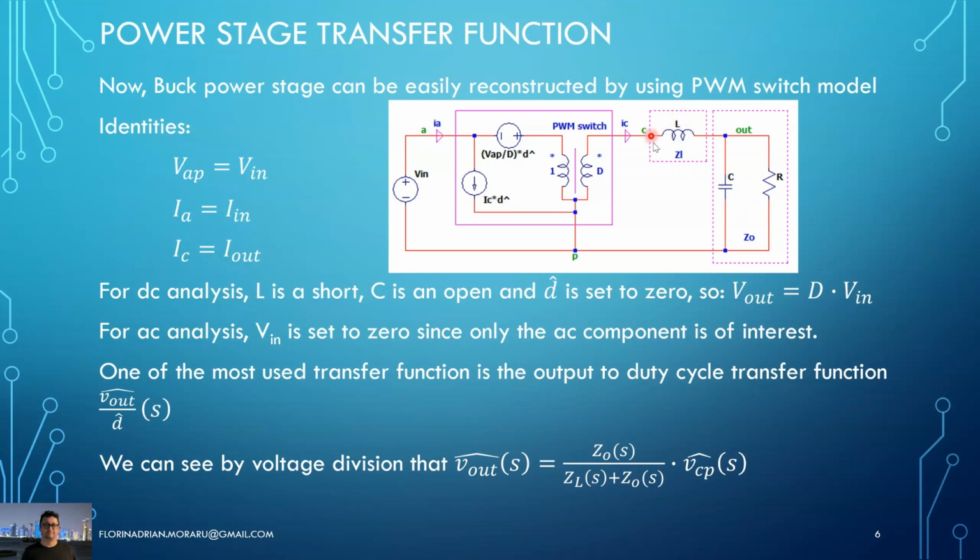One impedance is given by the inductance itself, and the other is the parallel network of the output capacitor and output load resistor. Therefore, it's like a voltage divider with two impedances. So the output voltage would be simply Z0 of S over the sum of the two impedances, ZL of S plus Z0 of S, times the VCP voltage.